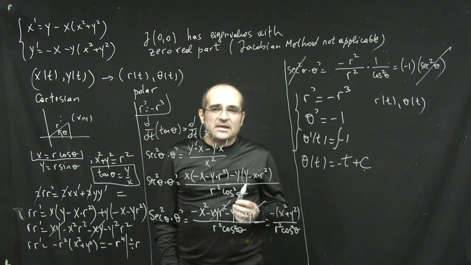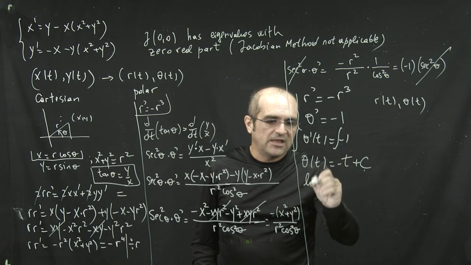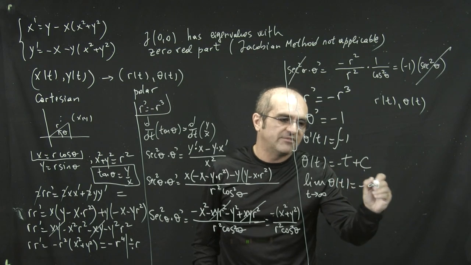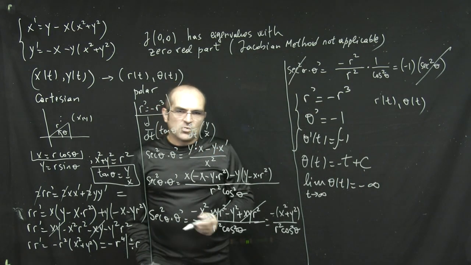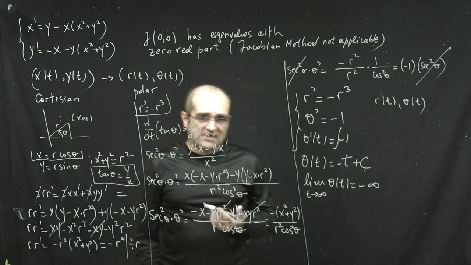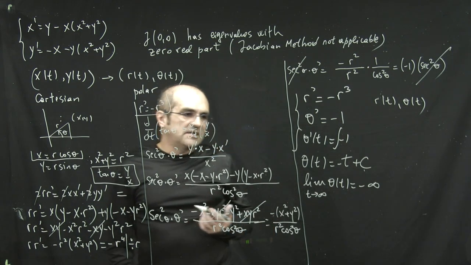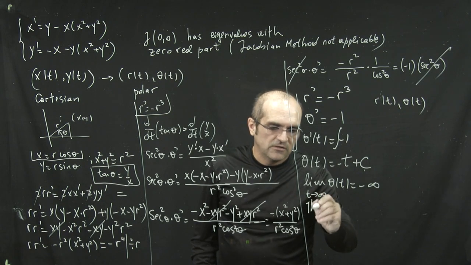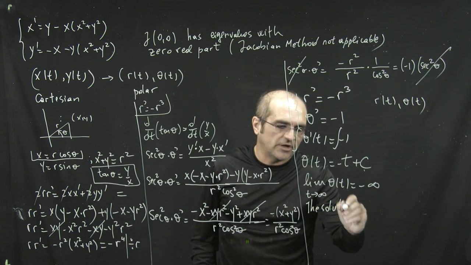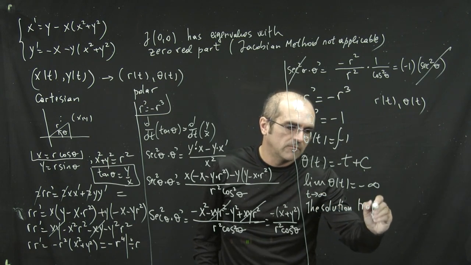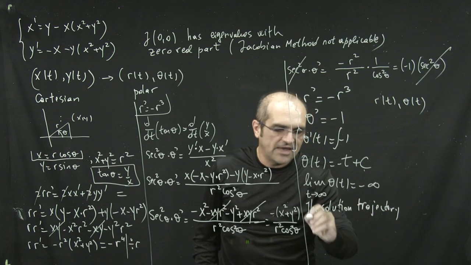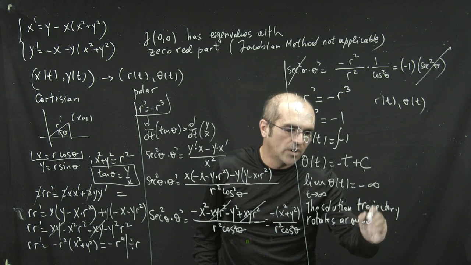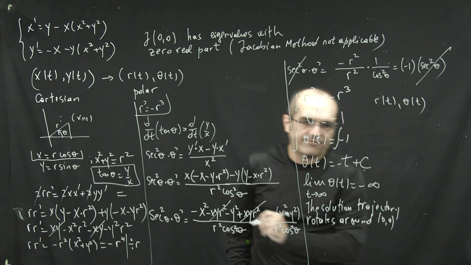But the bottom line, and that's the key thing, notice that the limit as t goes to infinity of theta of t is minus infinity. So what does that tell me in terms of the dynamics? Well, it tells me that any point you start with, the solution trajectory rotates around the origin indefinitely.